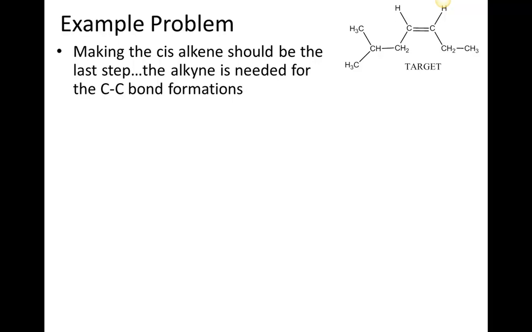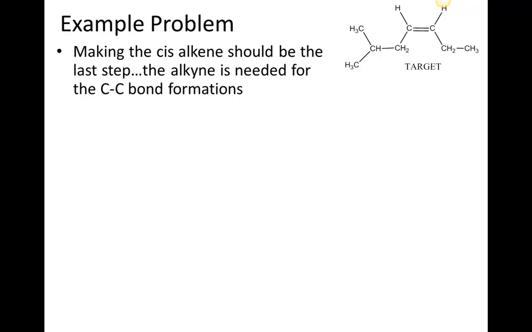Because the only ways that we know to make new carbon-carbon bonds is from a terminal alkyne with an alkyl halide, or for making cyclopropane rings, okay? So you have to have a terminal alkyne in order to make a new carbon-carbon bond. And we have to make a new carbon-carbon bond because we're going to be limited to molecules that only contain a maximum of 5 carbons. So we know there has to be at least one new carbon-carbon bond formed.